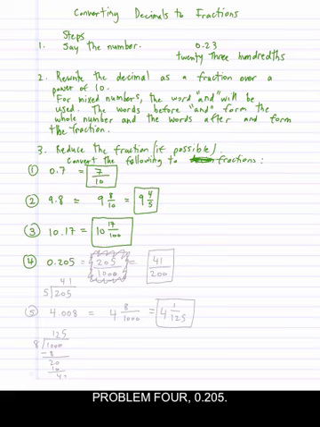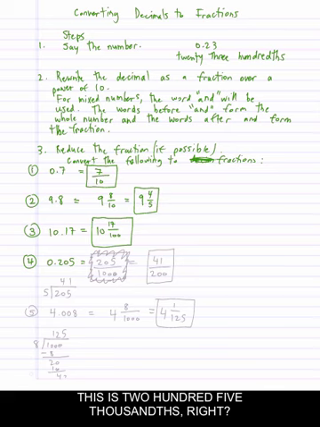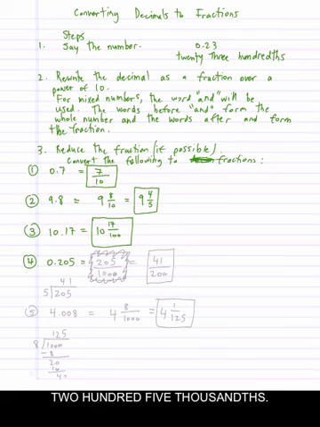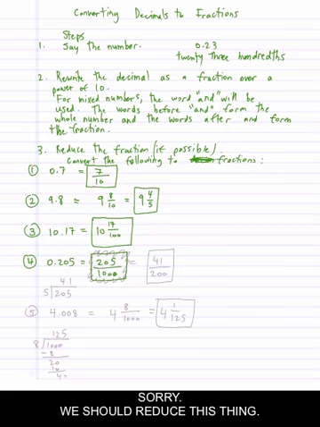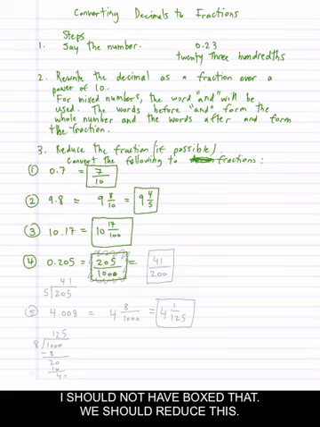Problem 4, 0.205. Let's say this number. This is 205 thousandths, right? So there we go, 205 over 1,000. Sorry, we should reduce this thing. I should not have boxed that. We should reduce this.